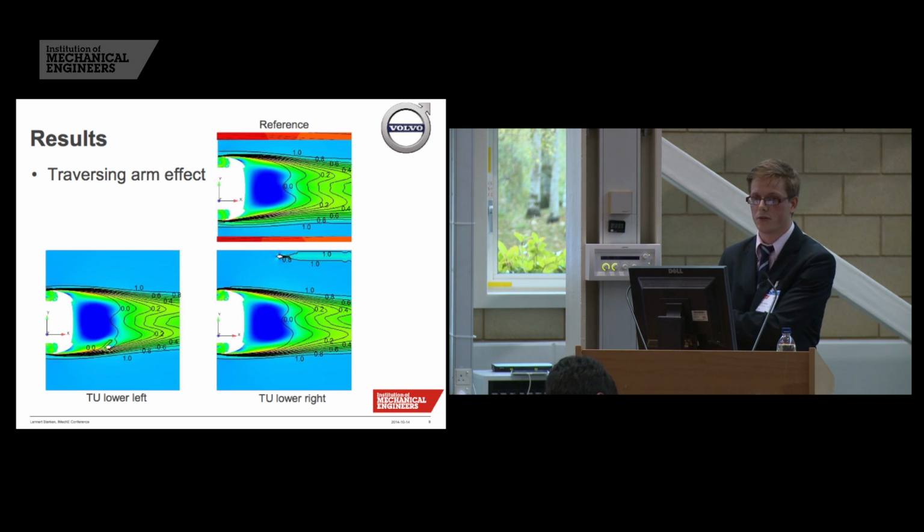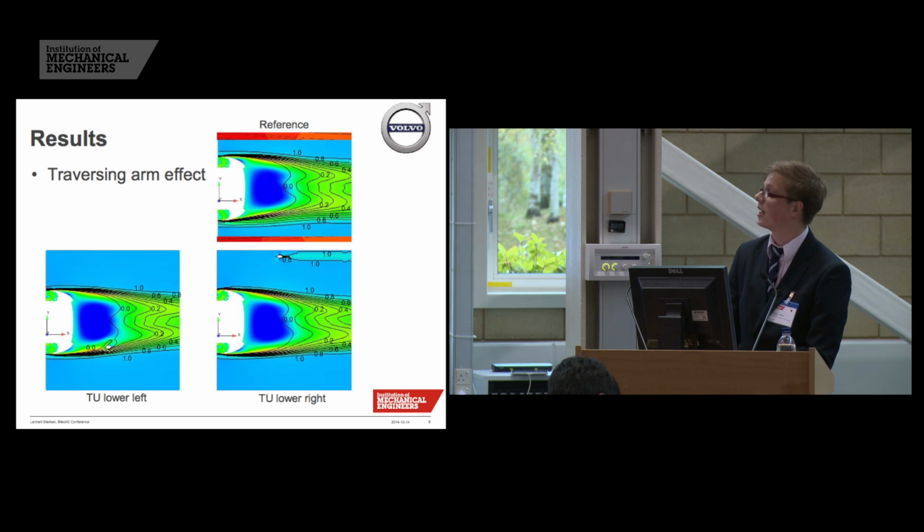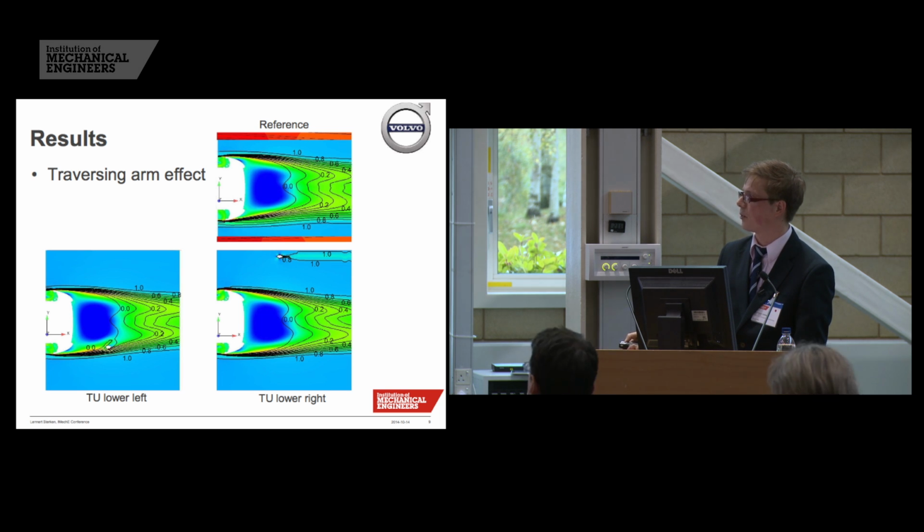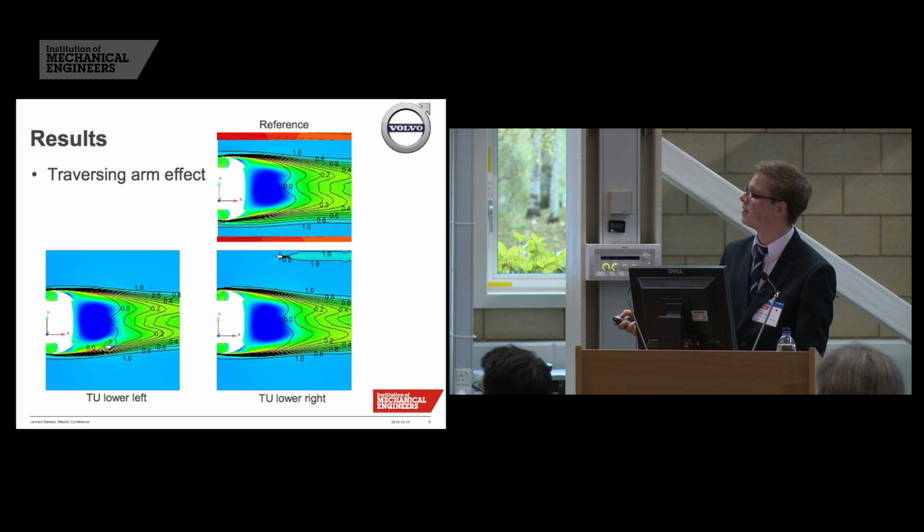If we move to the traversing arm, or the sting of the traversing unit, and we compare again between the reference, having the traversing unit on the lower left side of the car, you can see it here with the white, which is the white traversing arm, and here on the lower right section.